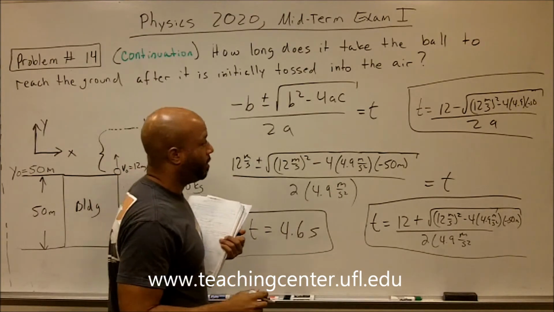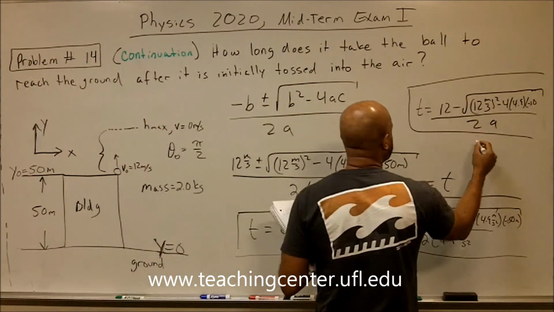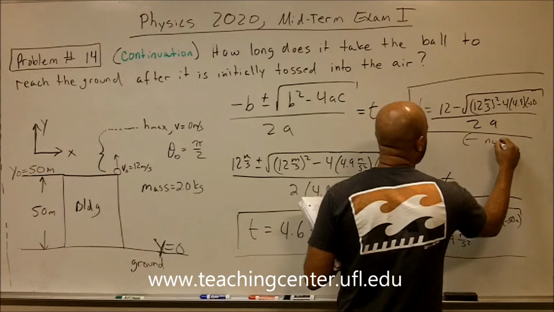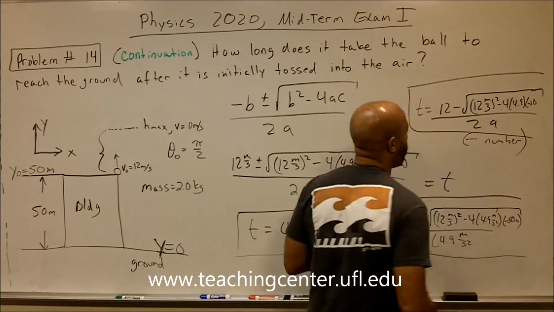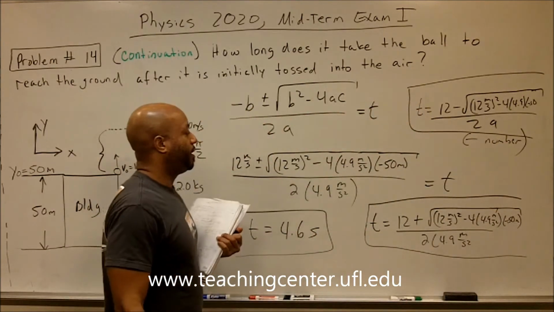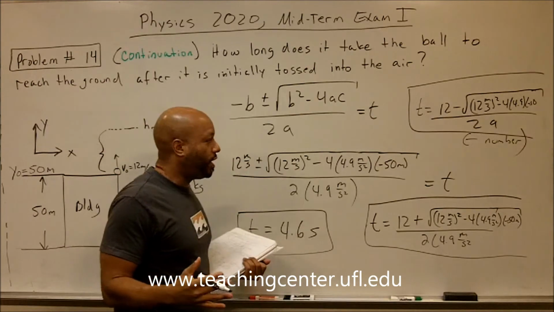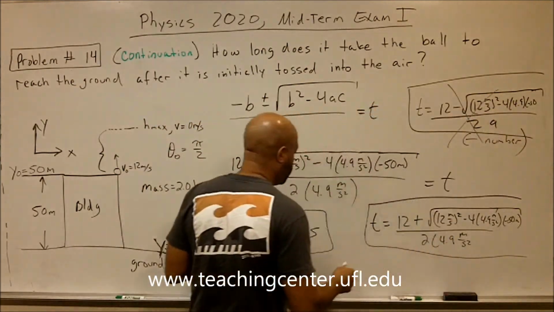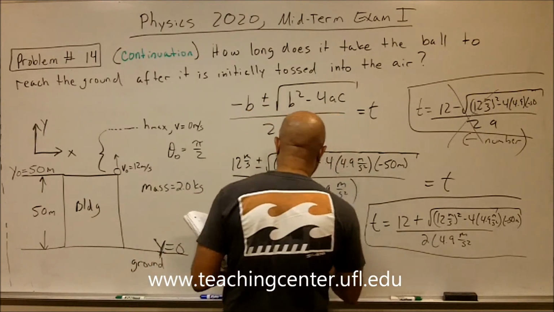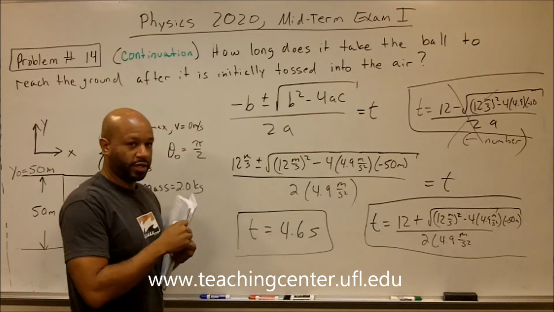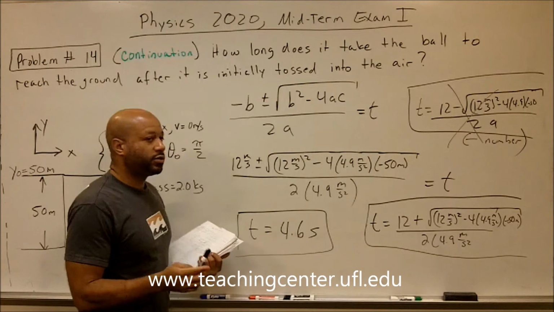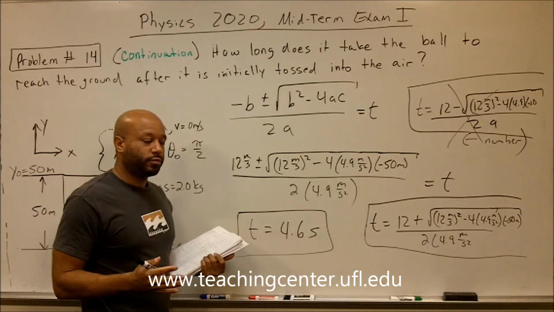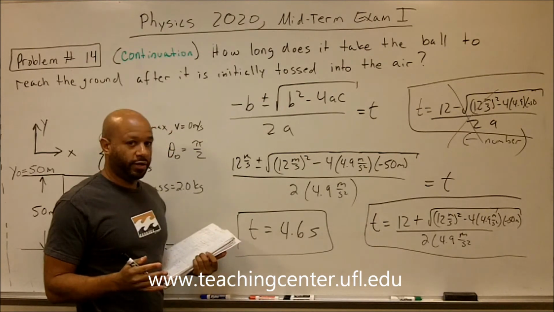All right? And when you do the 12 minus, this is going to work out to be a negative number. Okay? Well, there's no such thing as negative time. It has no physical meaning. So we ignore this one, and then this one will work out to be the time is equal to 4.6 seconds. It is a quadratic, so you're always going to get two values for t.